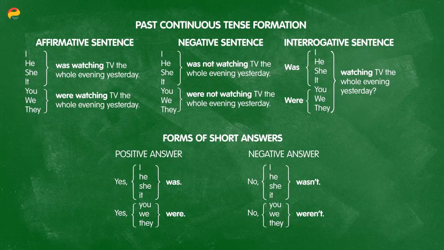So now let's turn to the way that the past continuous is constructed in affirmative, interrogative, and negative sentences. To form the past continuous tense, you just use the verb "to be" in the past tense, combined with the present participle, the "-ing" form, if you remember, of the main verb.